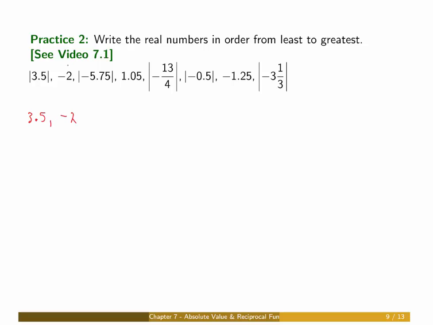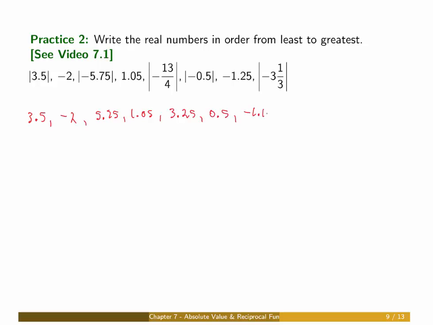Notice how 2 is not within an absolute value sign. However, negative 5.75 is, so this will become positive. This will be rewritten. Negative 13 over 4, I'm going to convert this to a decimal and make it positive. This is 3.25. Negative 0.5 will become positive 0.5.